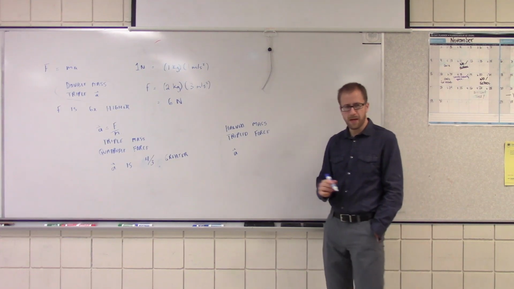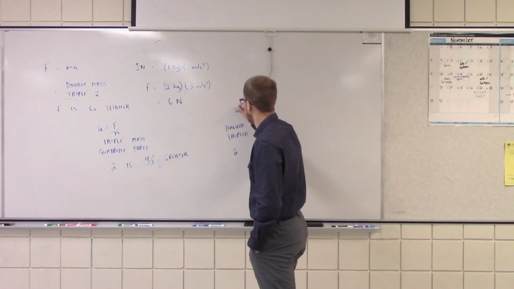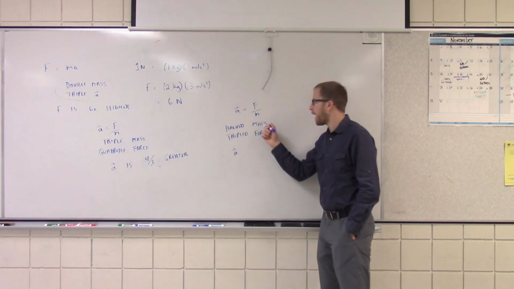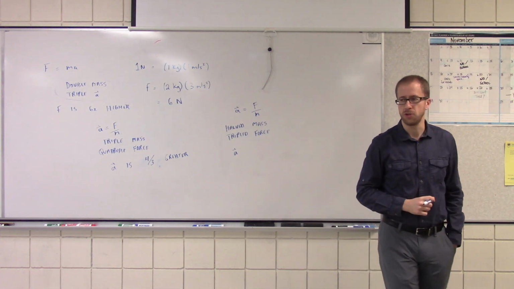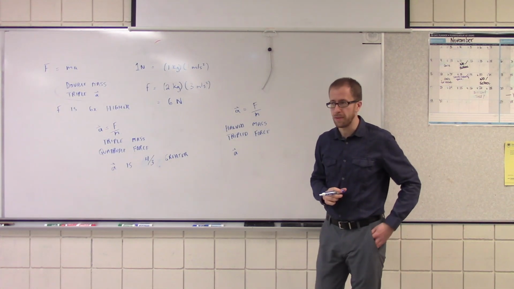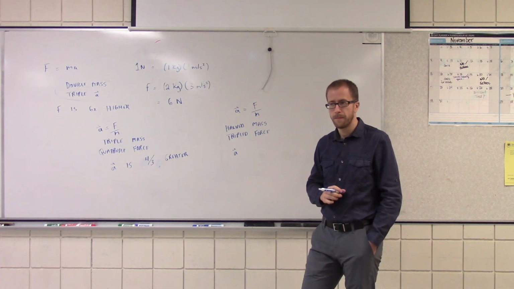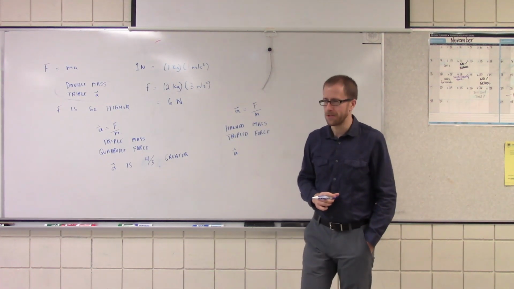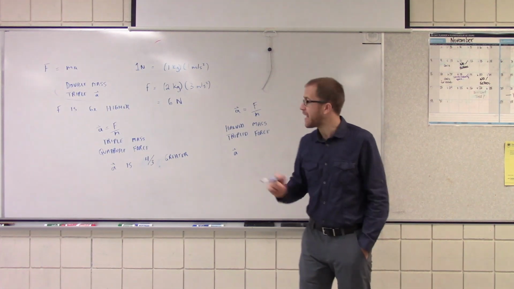Well, what impact would halving my mass have on my acceleration? How much bigger or smaller would my acceleration be? Are they directly proportional or inversely proportional? Mass and acceleration.